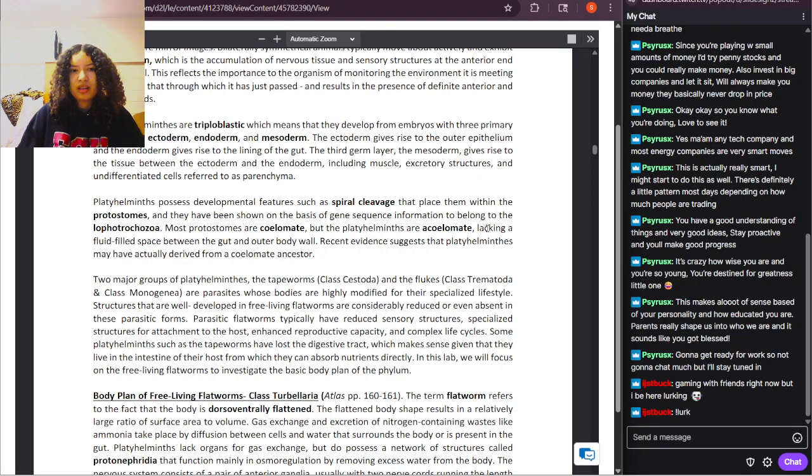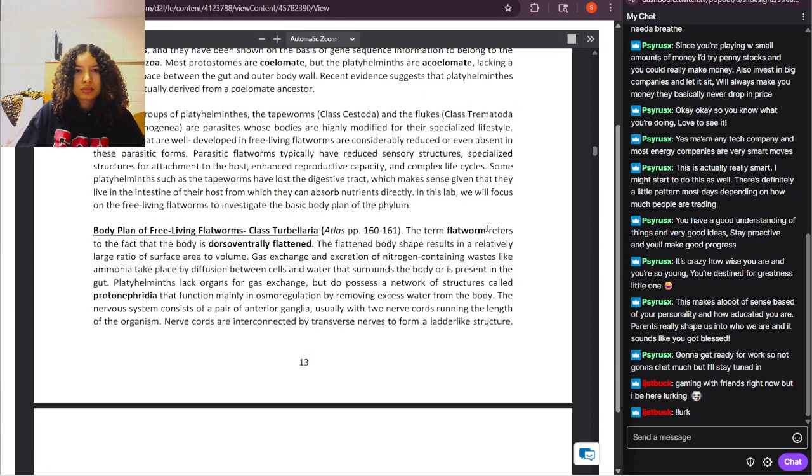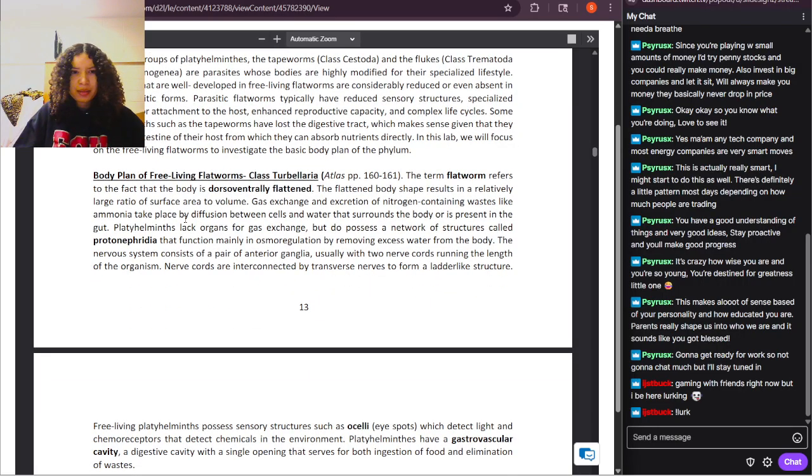Cestoda and Trematoda and Monogenea are parasites. Flatworm means the body is flattened. Who would have guessed? They lack organs but have protonephridia. Okay, they remove excess water from the body.